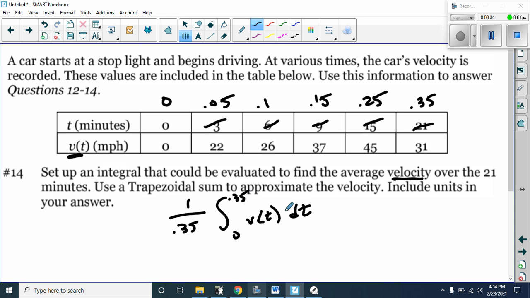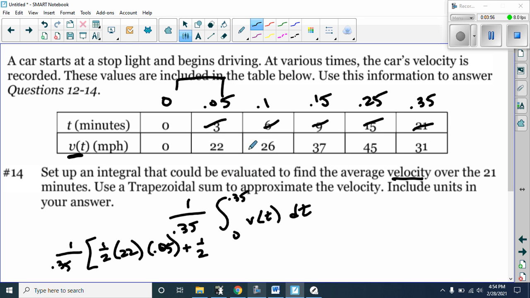It asks us to use a trapezoidal sum to approximate the velocity. So trapezoidal sum, area of a trapezoid, 1/2, sum of the bases, 0 plus 22, times the height. The height is 0.05, this distance right here. 1/2, sum of our bases is 48, times the height, 0.05.